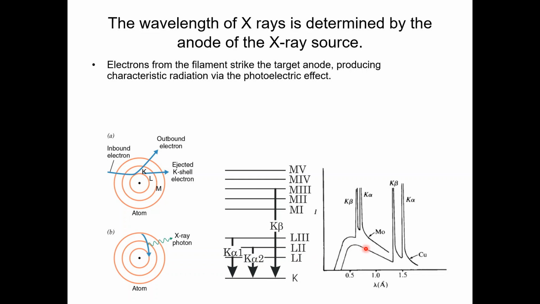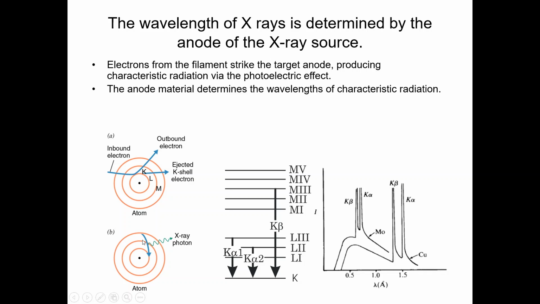You are all well aware of these concepts. Electrons from the filament strike the target anode, producing characteristic radiation through the photoelectric effect. Here you can see the arrangement of the photoelectric effect. I don't need to explain that in full detail because it is a well understood concept.